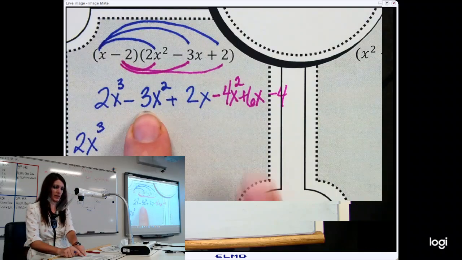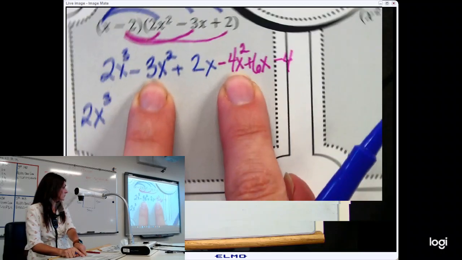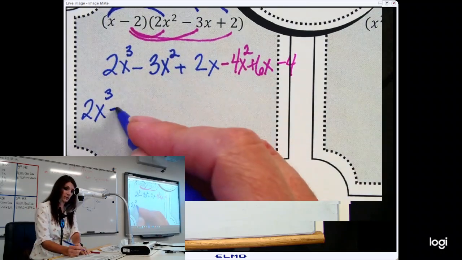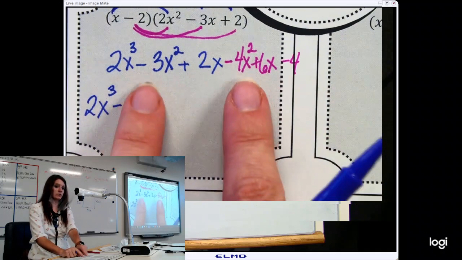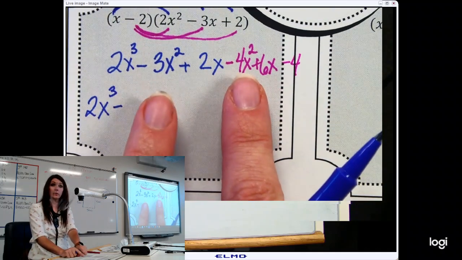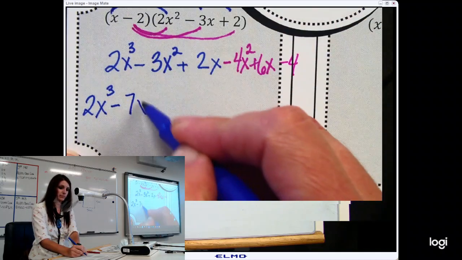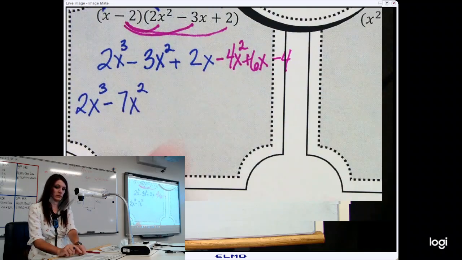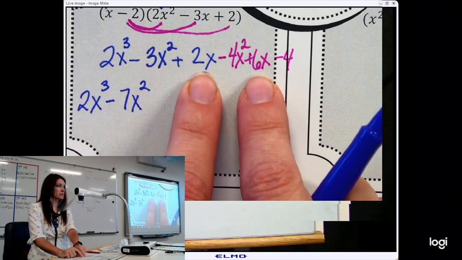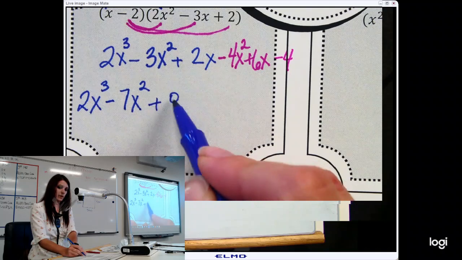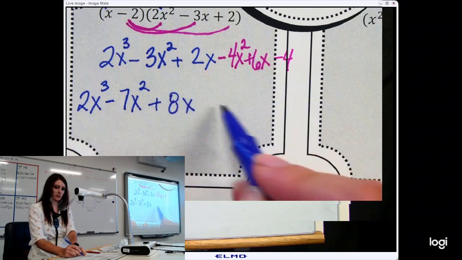But then I have negative 3x squared and negative 4x squared. What do you get there? Negative x squared. The signs are the same, so I'm going to add the numbers. 3 and 4 make 7, and keep the sign. Those are tricky. How about 2x and 6x? They're both positive. 8x minus 4.